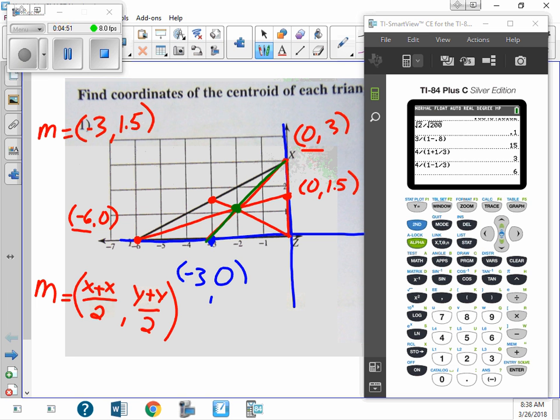Okay, so this right here is 1/3, sorry, let me use a different color. This distance right here is 1/3 of the whole distance. Okay.